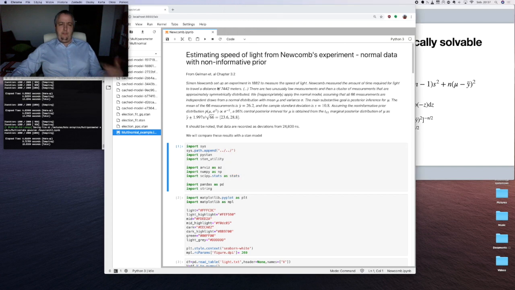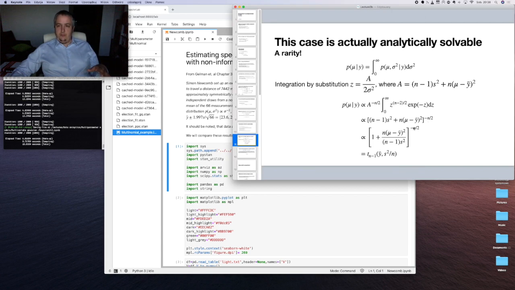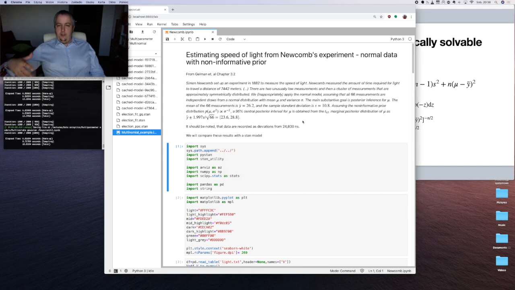Degrees of freedom is a parameter of the distribution, represented here as n. It influences the shape of our distribution, and especially its tails. We have our sufficient statistics: y bar is 26.2, and the sample standard deviation s is equal to 10.8. We can square it if necessary.